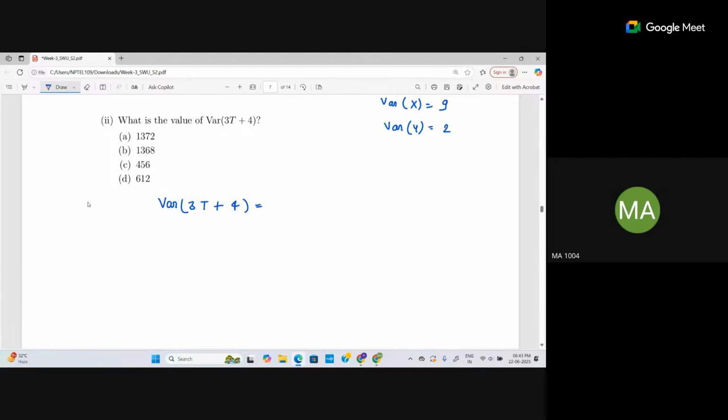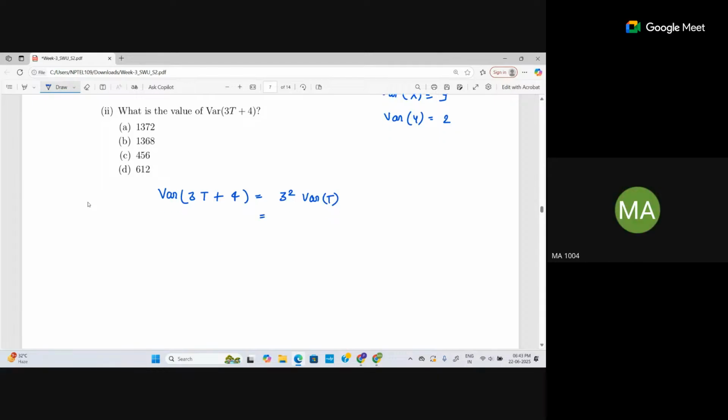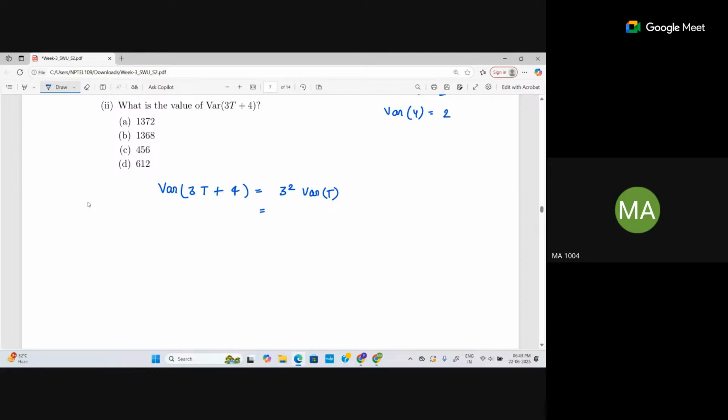This is equal to variance of 3t plus variance of 4. Actually it will become 3 square times variance of t. So this constant gets squared. So 3 square times variance of t. So 3 square is 9 and then variance of t.